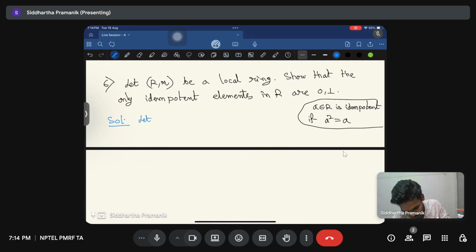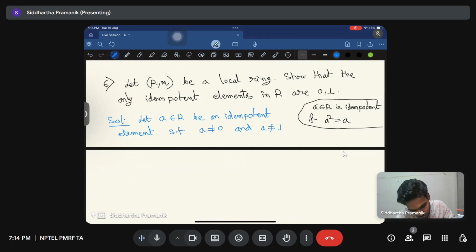So let A belonging to R be an idempotent element such that A is not equal to 0 and A is not equal to 1.